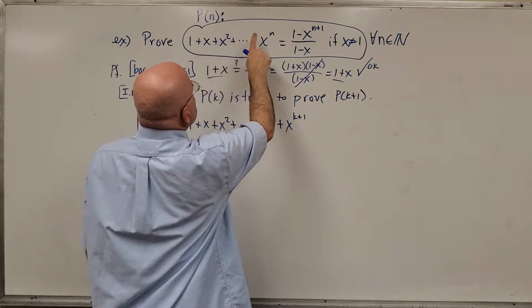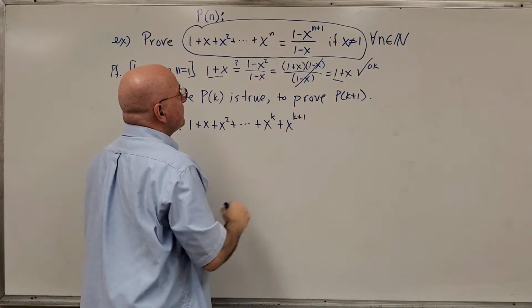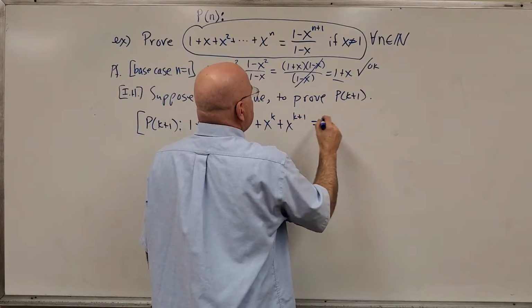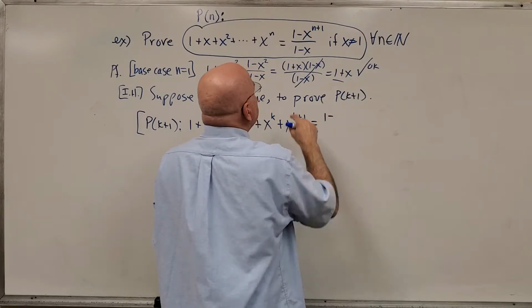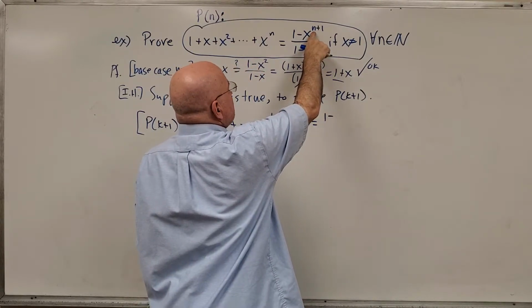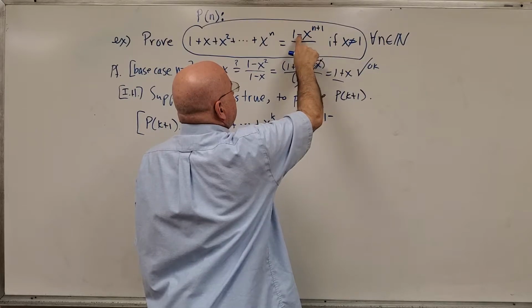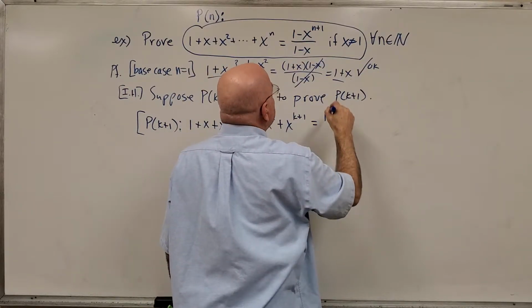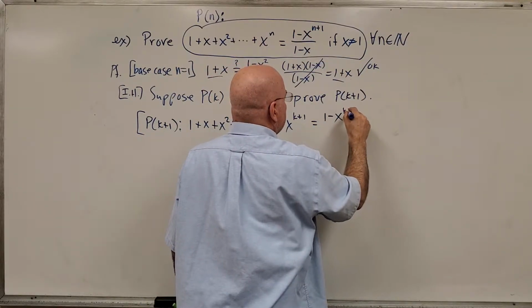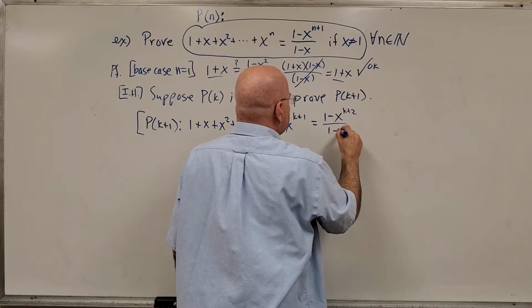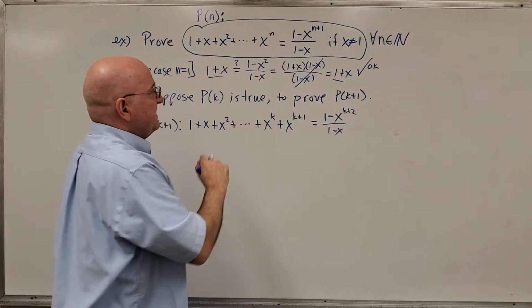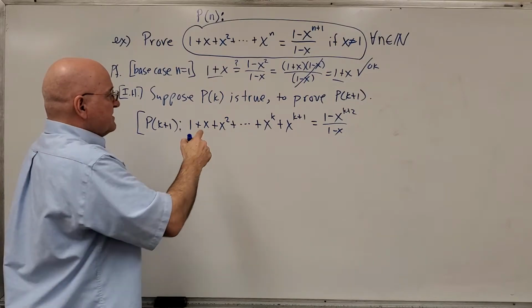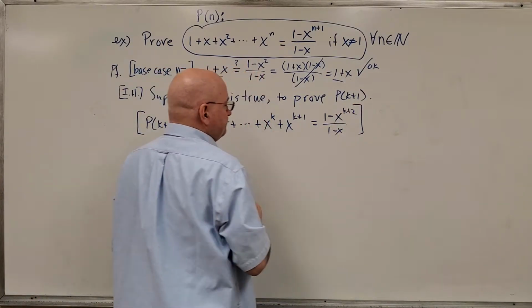We have to go one term farther. We have to prove it's equal to 1 minus, I'm replacing n with a k plus 1, so that would be 1 minus x to the k plus 2 over 1 minus x. And obviously x can't be equal to 1. So this is what we have to prove.